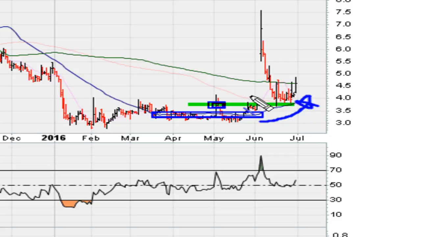So once it breaks out and closes above the highest close while the 50-day moving average was flat, that's going to be your buy point. Here you see that the stock in this example did explode from about 370 all the way to the highs of about 7.5.